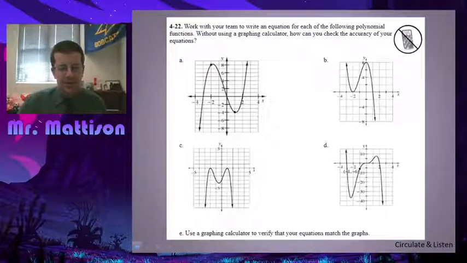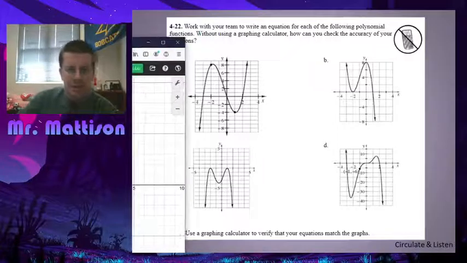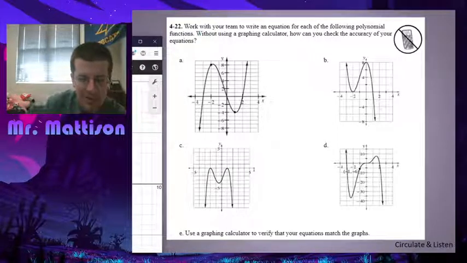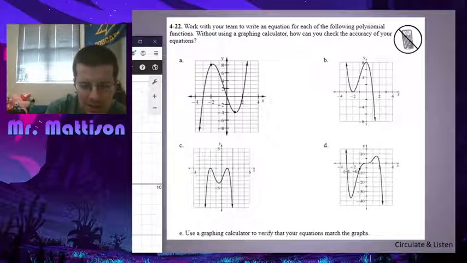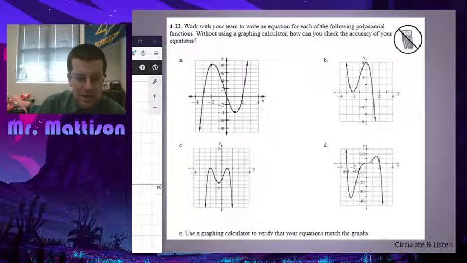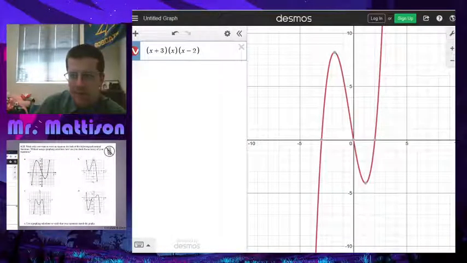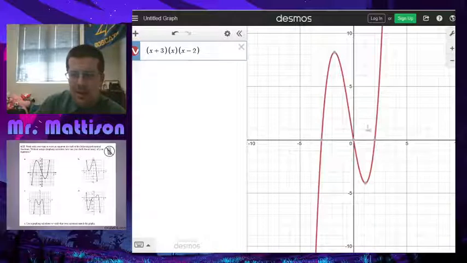So that first one, I'll type it in before I show you guys the full Desmos. It's just easier on me that way. So if we have x plus 3 times x minus 2, right? So if I show you that, there we go. Okay, so we have this graph here, right?